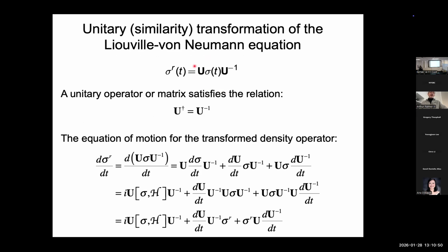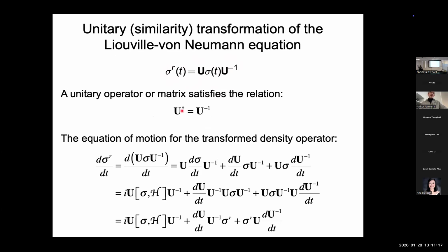So the frame transformation is also going to be represented by this kind of three-step sandwich between the unitary matrix U, the density operator in the original frame, and the unitary matrix U minus 1, which will give the density operator in the new frame.